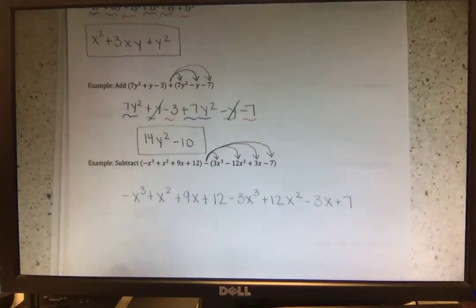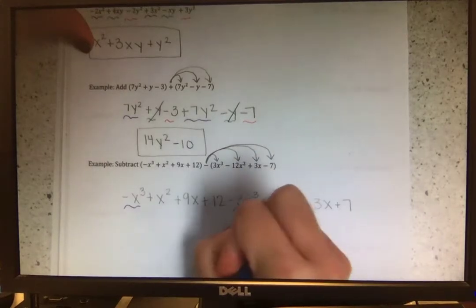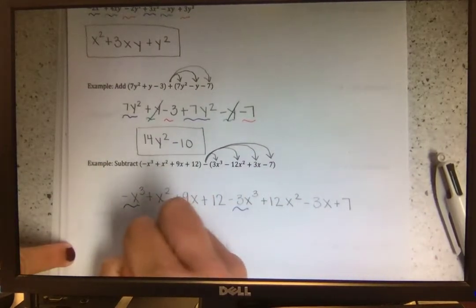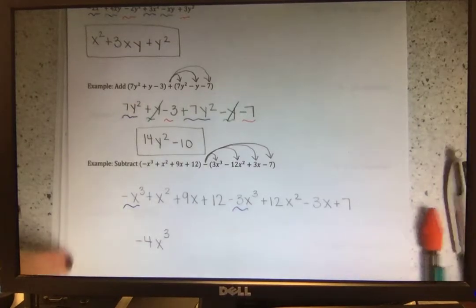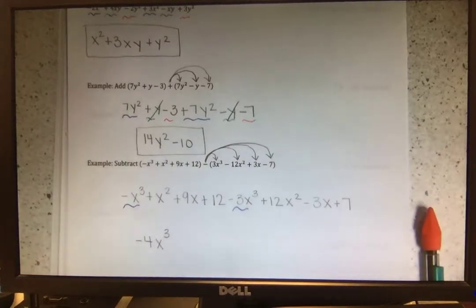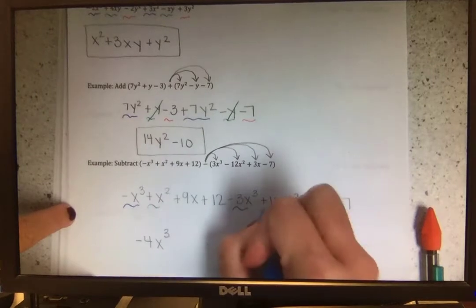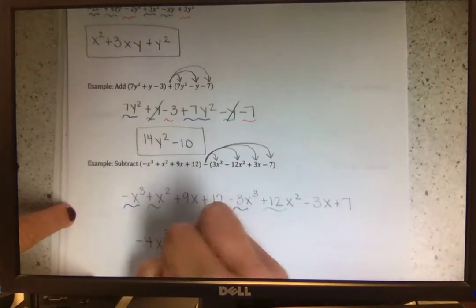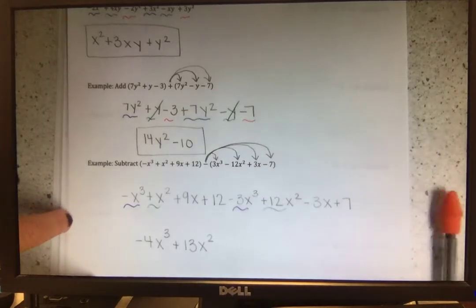We have negative x cubed minus 3x cubed. So negative 1 minus 3 will give us negative 4x cubed. We have 1x squared plus 12x squared. 1 plus 12 will give us plus 13x squared.